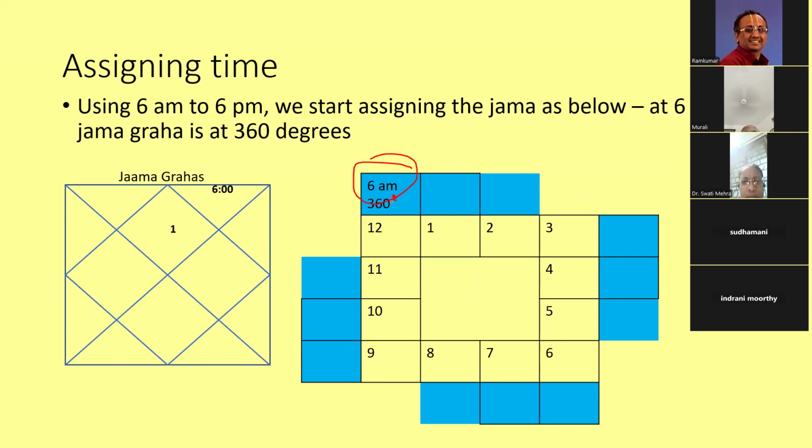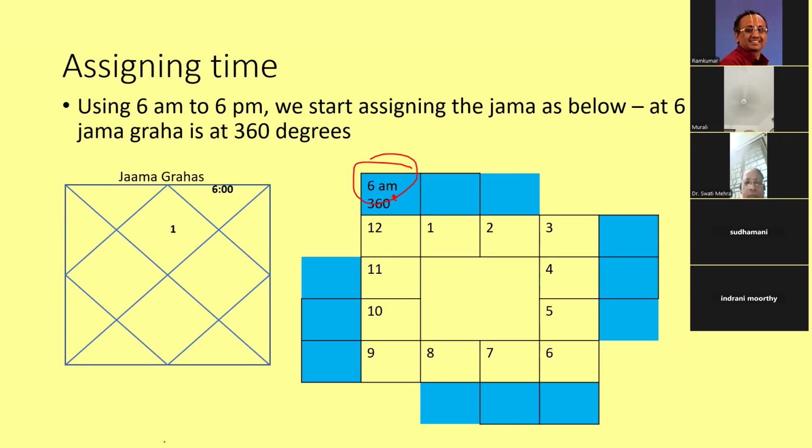The first Jamagraha of the day is always ruled by the ruling planet of the day, by which I mean the Vara order, right? So if today is Monday, the ruling planet of the day is Moon. At 6 o'clock on Monday, Moon will be at 360 degrees. If today is Thursday at 6 a.m., you will have Jupiter at 360 degrees.